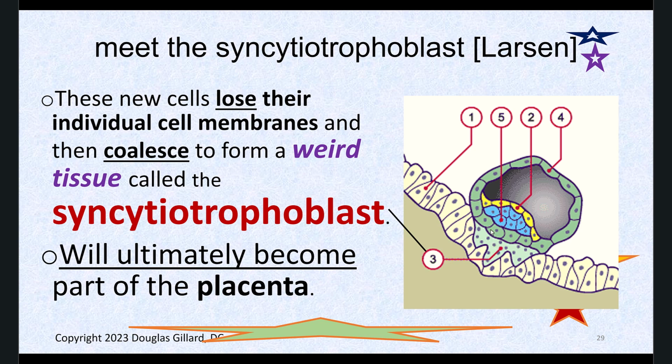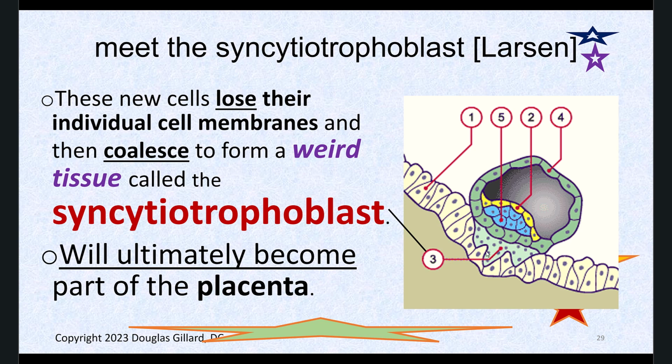A brand new cell type is formed. These green cells all split and go through mitosis. They create a new green cell, and they create a new, I don't know what color that is, light green cell. They split again and again through mitosis. They always recreate themselves, but they create this new weird cell, and that's called a syncytiotrophoblast cell.